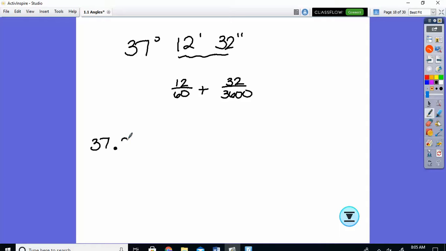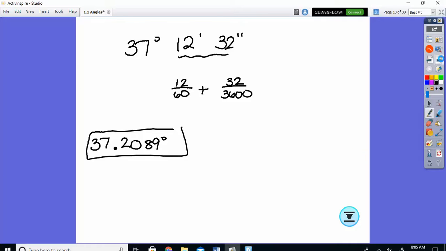So we get 37.2089 degrees, depending on how many decimals. Okay, so to change into degrees, minutes divided by 60, seconds divided by 3600, we add those pieces together.